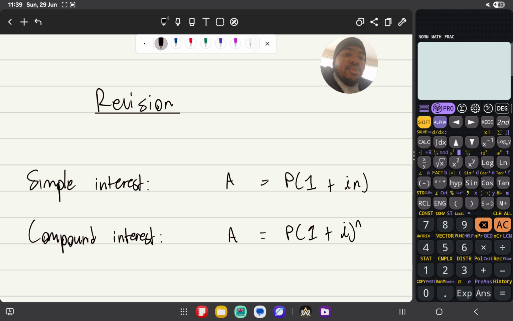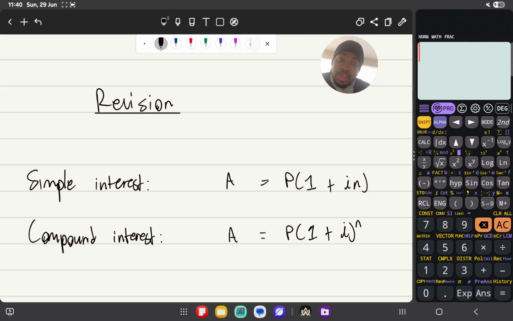So as for simple interest, this is what really happens, right? You have money, say you have 1000 rand, and you decide to put it into a savings account offering an interest of 10%. We know that 10% of 1000 rand is just going to be 100 rand.